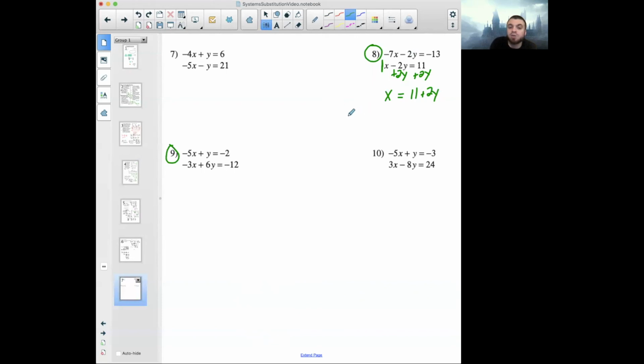And now that I know that, I'm going to come up top and do negative 7 times (11 plus 2y) minus 2y equals negative 13. Okay, I can make that substitution. And now I'm going to distribute: negative 77 minus 14y minus 2 more y equals negative 13.